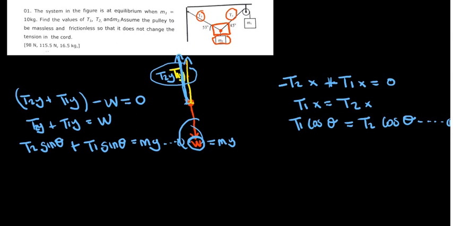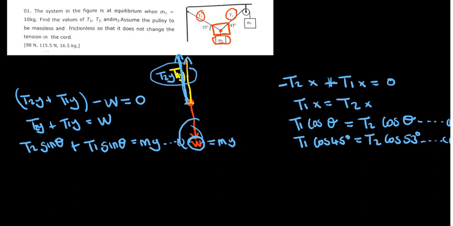Okay, so here we can say T1 cos, what's the angle for T1? It is 45. Equals, what's our T2? We don't know. What is our angle for T2? It is 53 degrees.